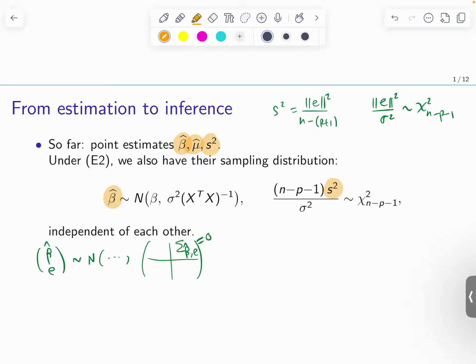It happens to be a nonlinear function of e. But that's still fine because we're talking about independence. If you have two independent vectors, any function of one is going to be independent of the other. It doesn't have to be linear. So that's a key fact that we use. And this whole thing would be another function of the e vector, a nonlinear function.